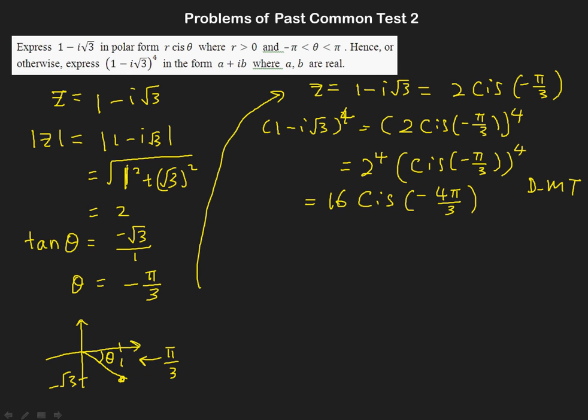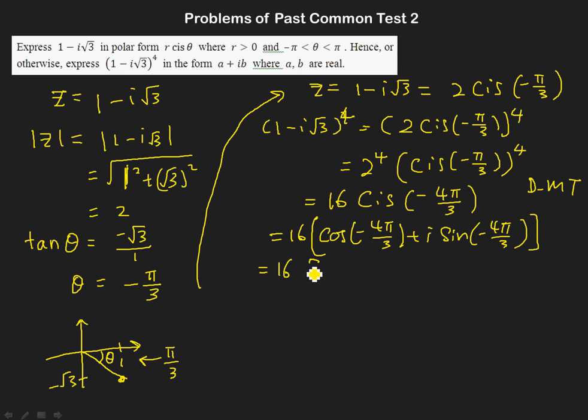Problem solved. And if you express this as cos negative 4 pi over 3 plus i sine negative 4 pi over 3, and don't forget there's actually 16 as a factor.